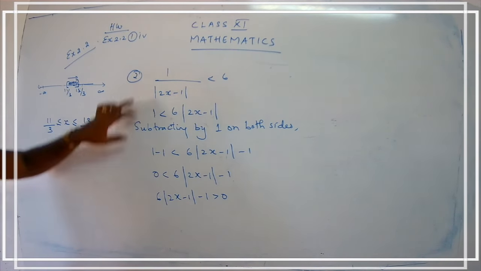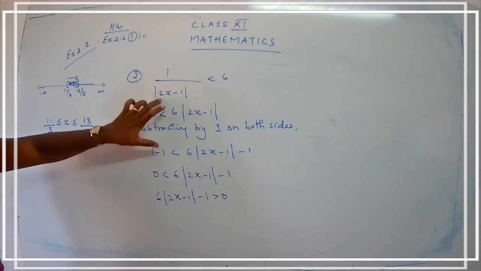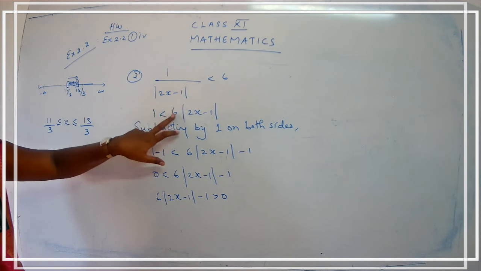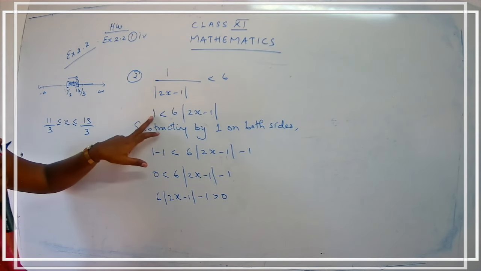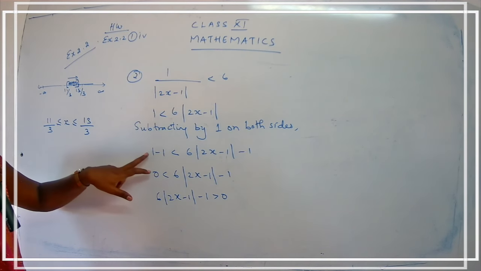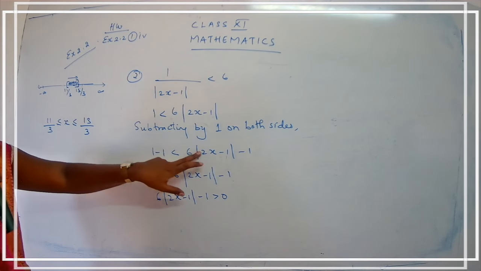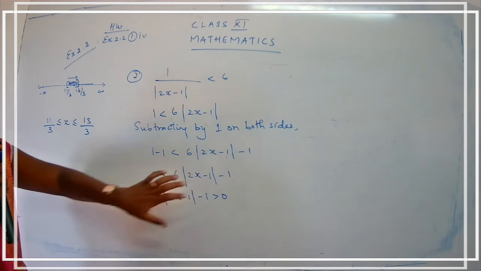Are you clear, children? I'll explain from the first. You have the question 1 upon modulus 2x minus 1 less than 6. So 1 is less than 6 modulus 2x minus 1, just cross multiplying. I want to remove this one, so 1 minus 1 less than 6 modulus 2x minus 1 minus 1. Now arrange it properly. If you have confusion, just write the numbers. Which part is greater, the 0 or the multiple of 6? Yes, the 6 multiple is greater.